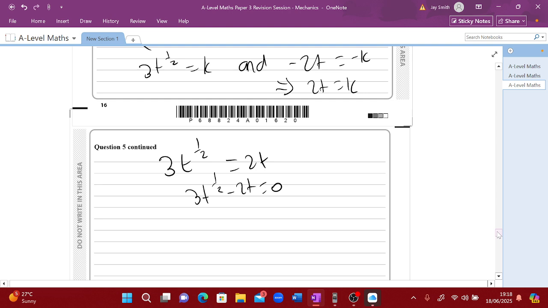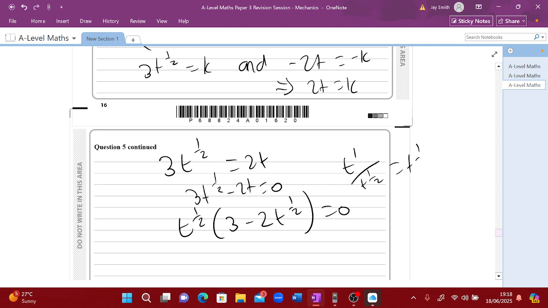We can pull a factor of t to the half out, and then it's 3 minus 2t to the half equals 0. Why have we done that? Well, t divided by t to the half is t to the half.